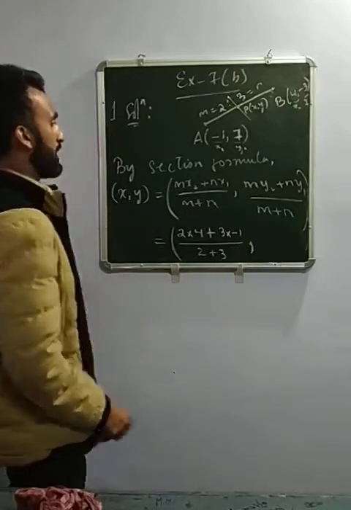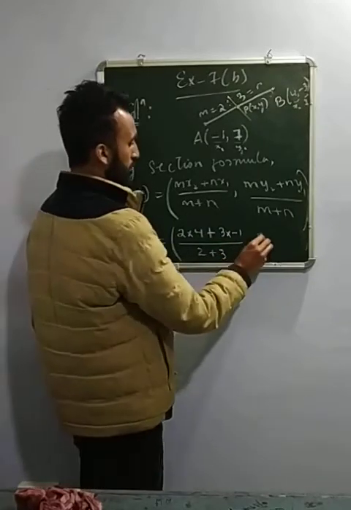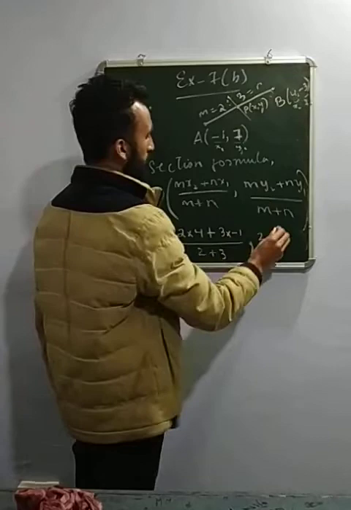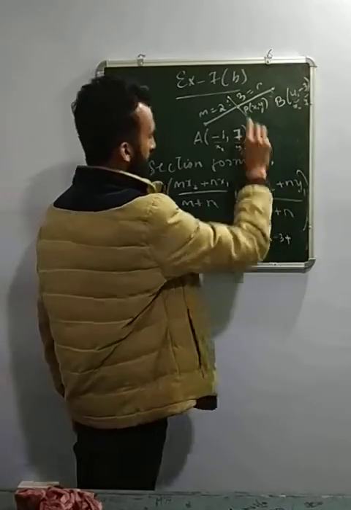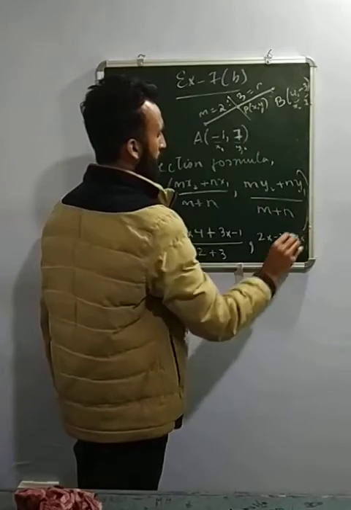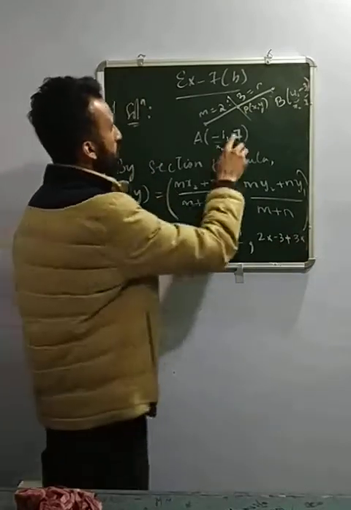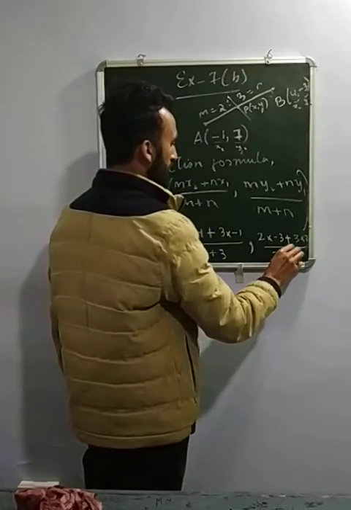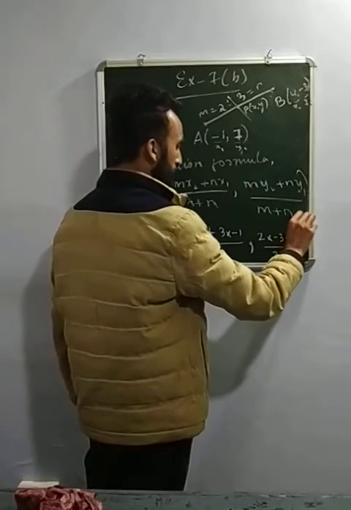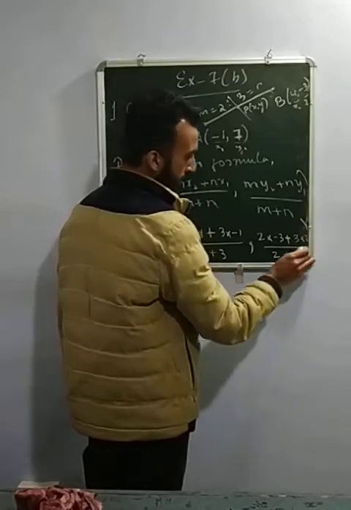Comma, next, m is 2, y2 is minus 3, plus n is 3 and y1 is 7, divided by 2 plus 3. Side by side you just verify because I don't have space here.